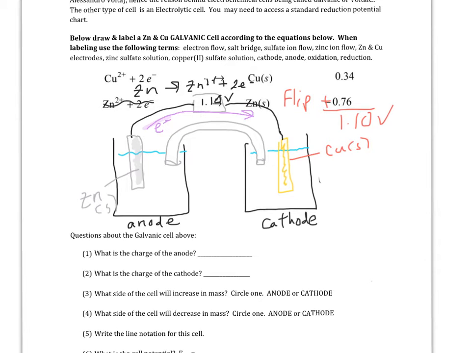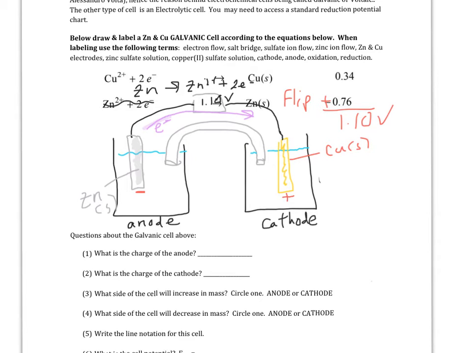So the anode is going to be negatively charged, and the cathode is going to be positively charged, because the anode is the source of the electrons flowing from here over to there. And so this part is going to lose weight, or its mass is going to decrease because we're losing electrons. The electrons are going to collect over here, and this side will be gaining weight.